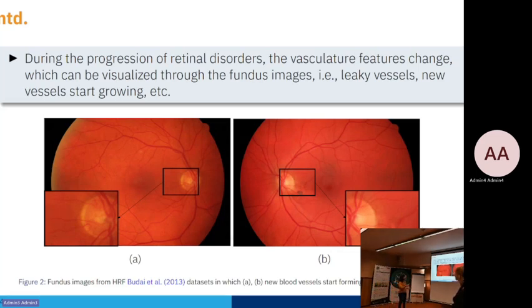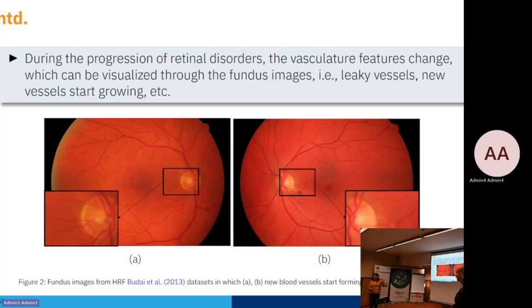These are also pathological features, called microaneurysms, which are the first stage of diabetic retinopathy. As I mentioned, there are blood vessels too, so there are different kinds of features in fundus images. If any person has a retinal disorder, the changes start appearing in the vessels and also in the background. This is also a part of the vessels, but it is not visible, it is more background.